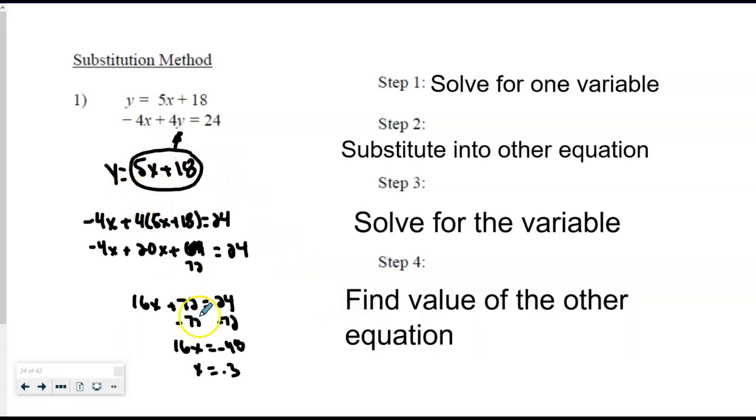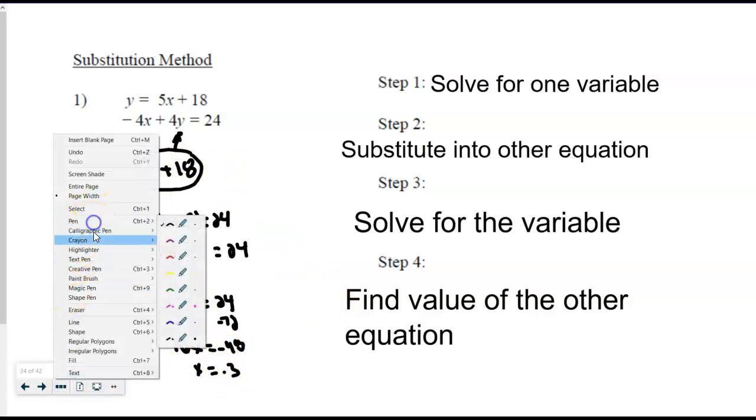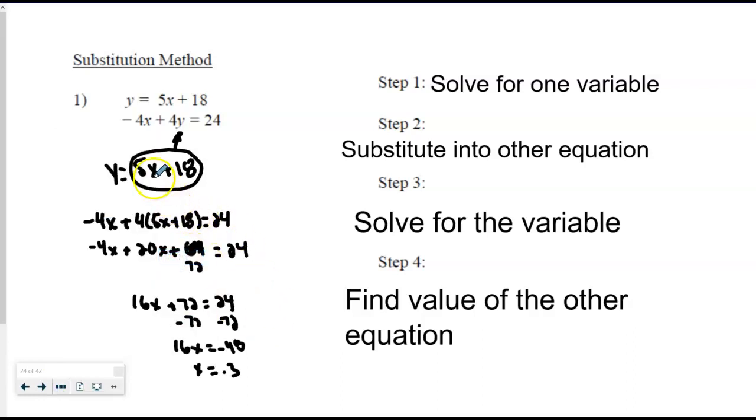So to find y, we'll take that negative 3 and put it into the other equation that has y by itself. So we know y equals 5x plus 18. So 5 times negative 3 plus 18.